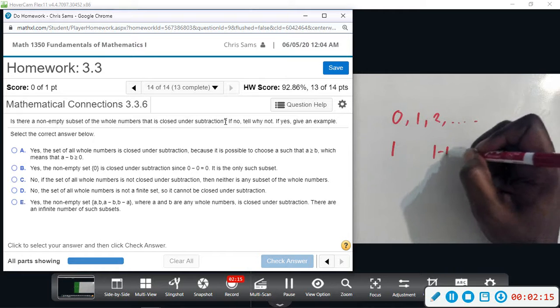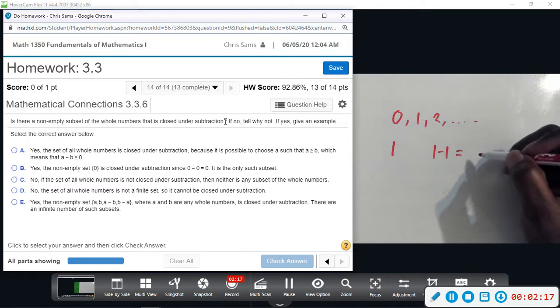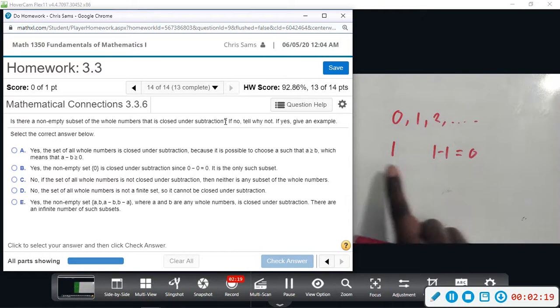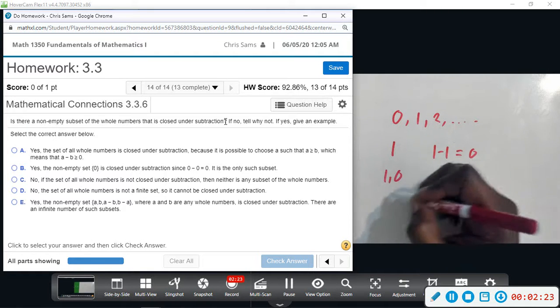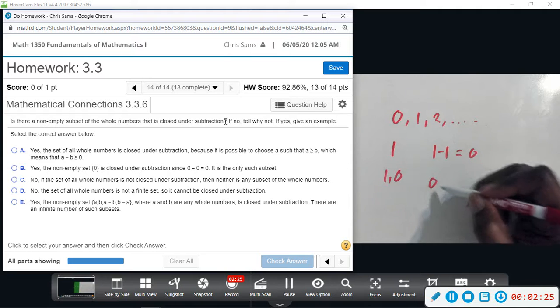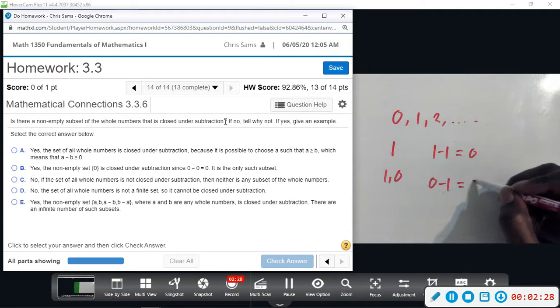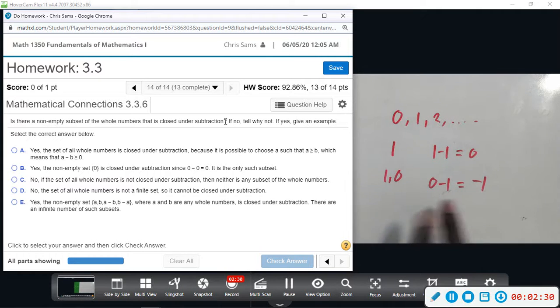If I do 1 minus 1, then it equals 0. So if I use 1, I also have to have 0. Now if I were to subtract these two, let's say I take 0 take away 1, I would have to have negative 1, because I could subtract those in any order. I could do 1 minus 0 and get 1, but 0 minus 1 gives me negative 1. So this is not a whole number.